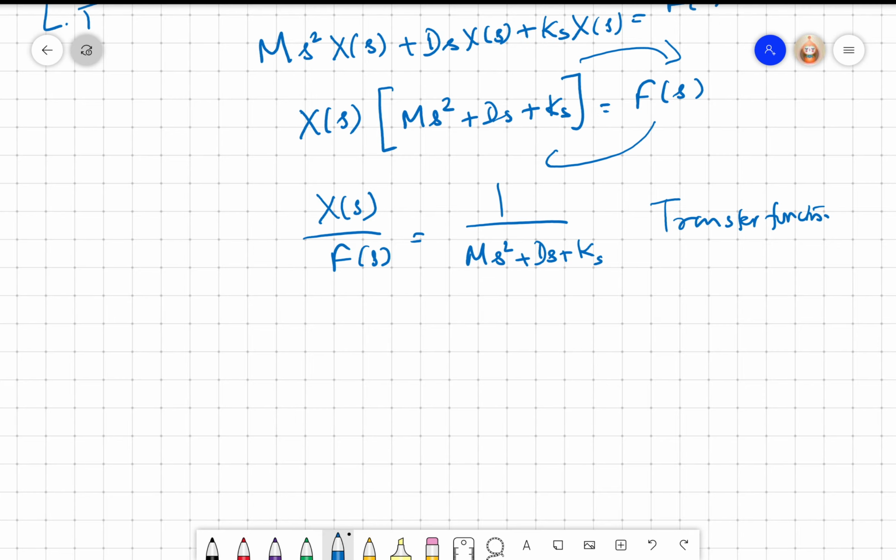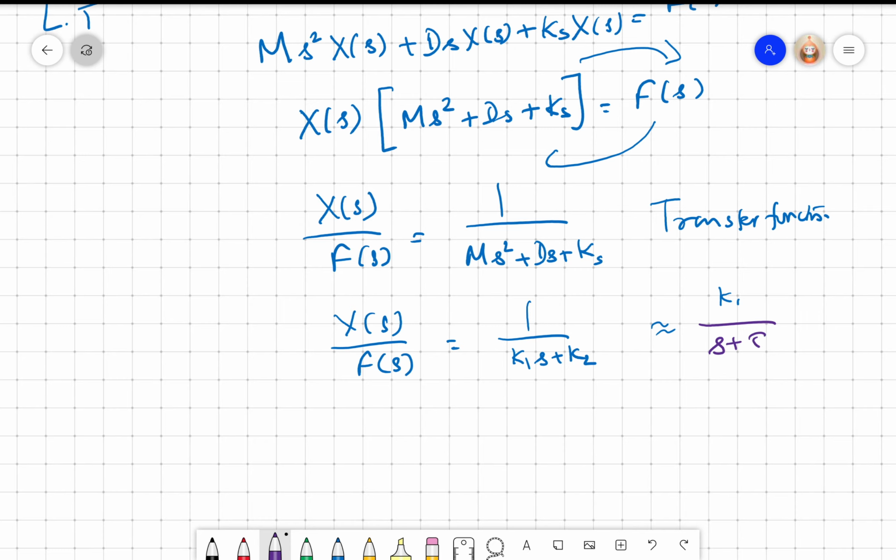It is also possible to have only first order. Then I have x of s by f of s could be 1 by k1s plus k2. But normally what we do is we write this as k divided by s plus tau, where tau we call a time constant.